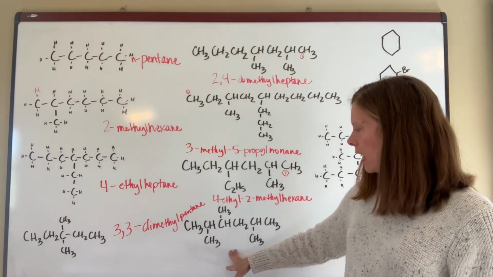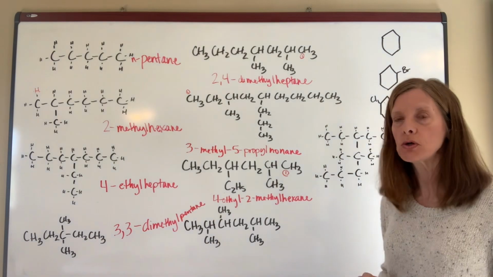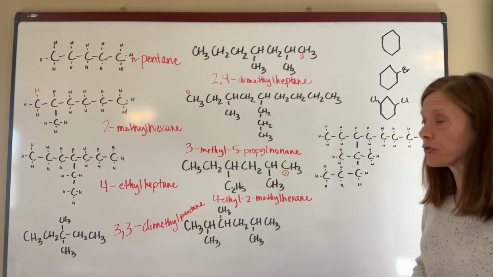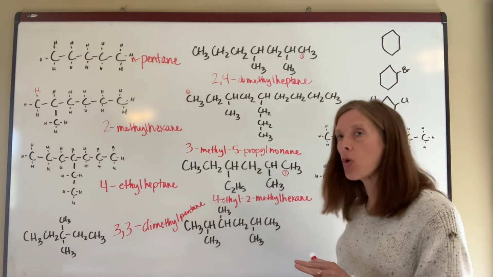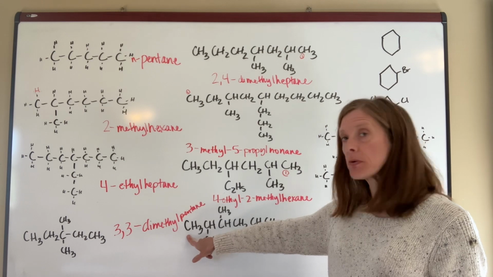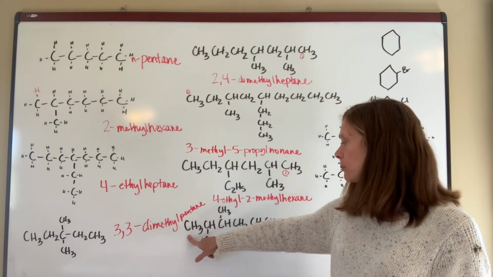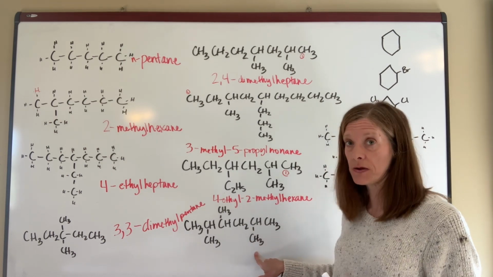Down here, on this one, again, the longest chain is going to be the one going horizontally, which makes it easier. I have 3 groups, but if I have a choice, I want the lowest possible numbers. If I start from this end and make this one my number 1, I have a 2, a 3, and a 5.